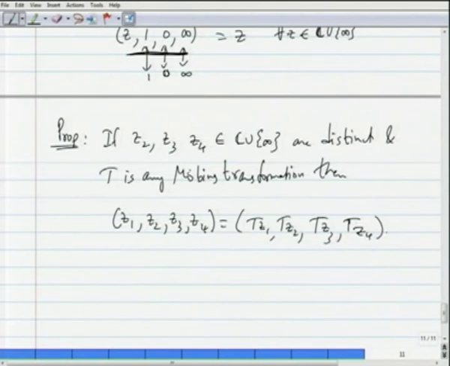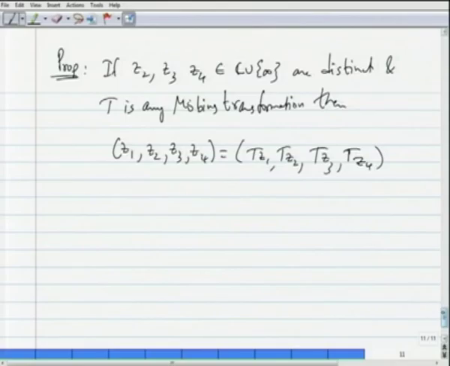Okay. So, for any Mobius transformation we have this property. So, that is the relation between any other Mobius transformation and a cross ratio.